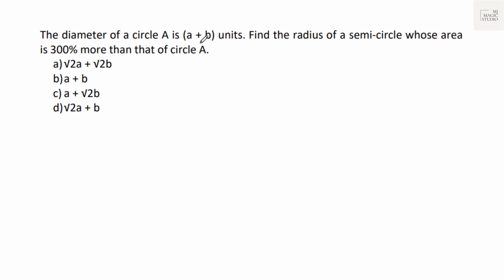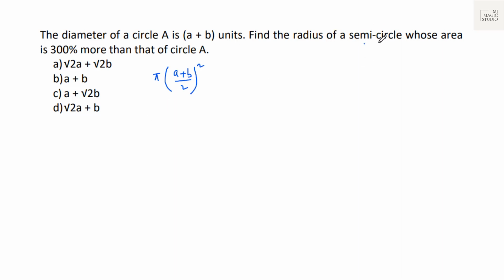The diameter of a circle A is a plus b units. Find the radius of the semicircle whose area is 300% more than that of the circle A. Area of circle A is pi into d by 2 whole square.